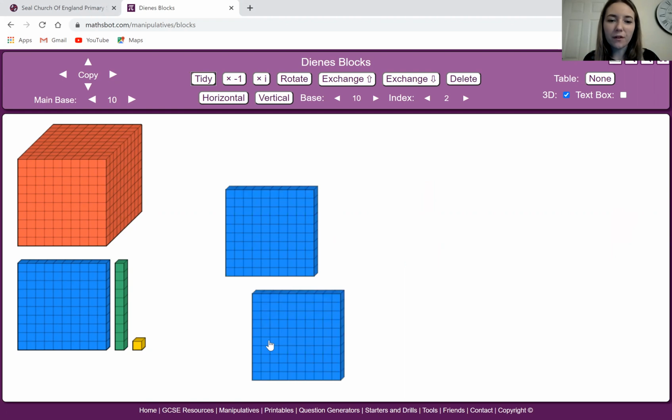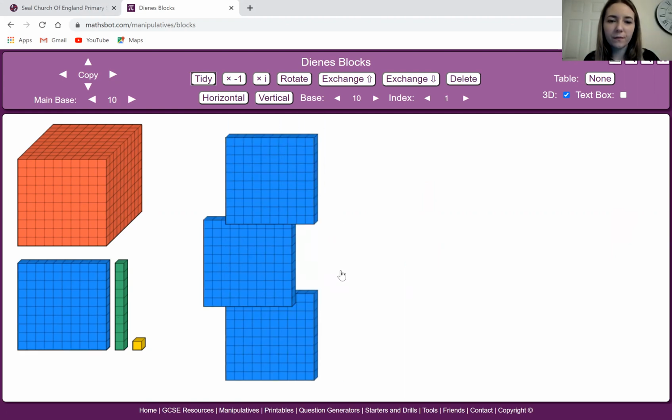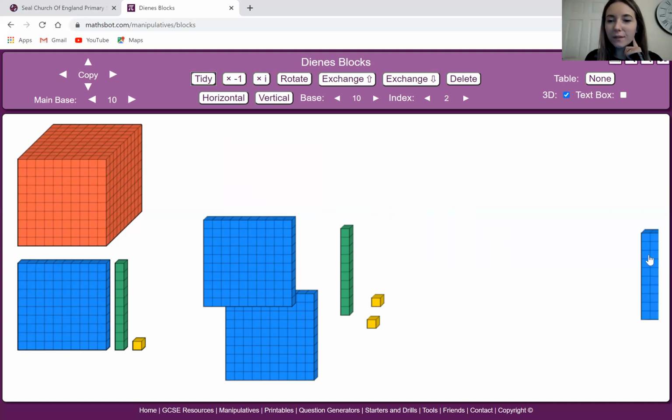Let's say we've got 312. Oh, there we go. So we've got 300, 1 ten and 2 ones, 312. And this time we're going to take away 102. So we need to take away 100. Do we need to take away any tens?